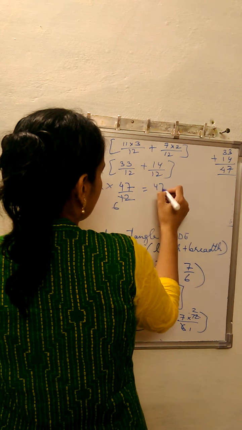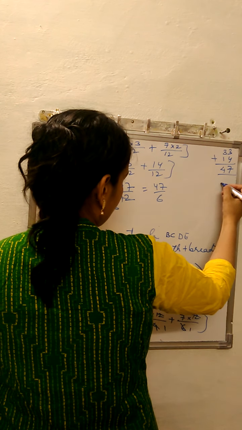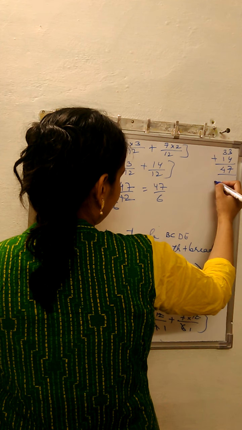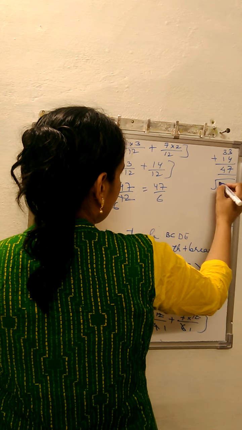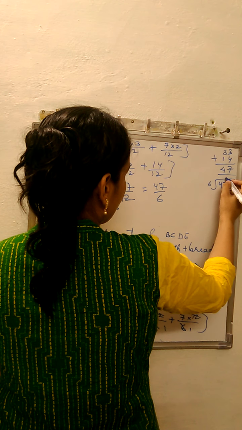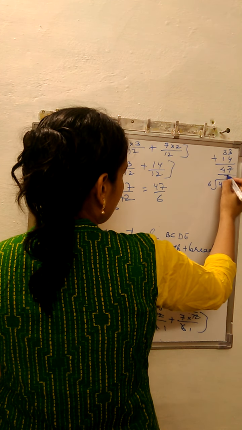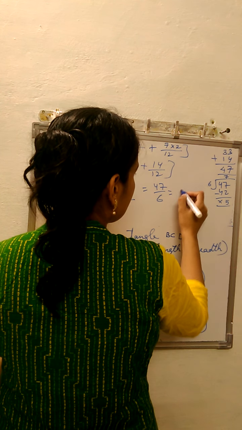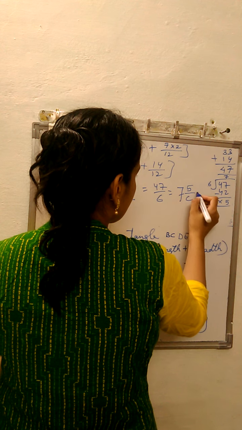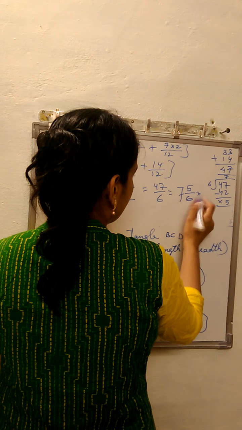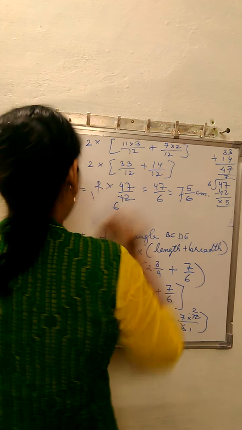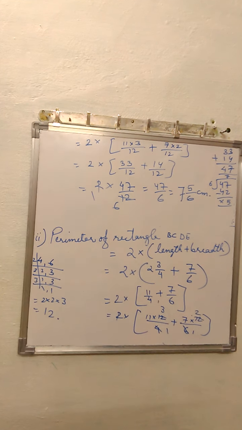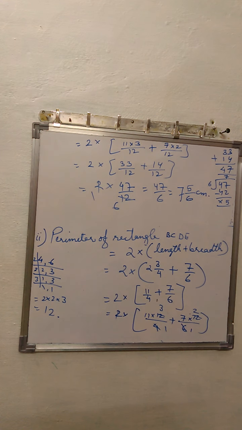So it is 47 upon 6. Now 47 upon 6 you do the division. 6 sevens are 42. So it is 7 and 5 by 6 centimeter. So this gives us the perimeter of both the triangle and the rectangle.